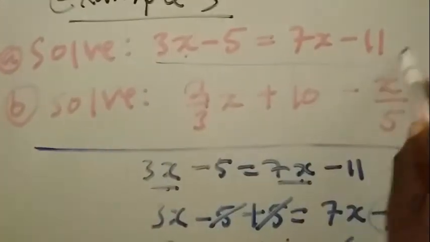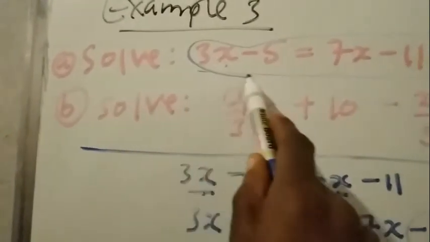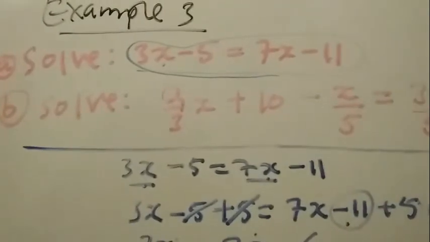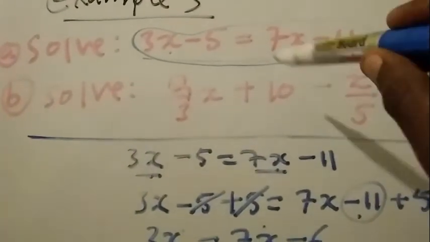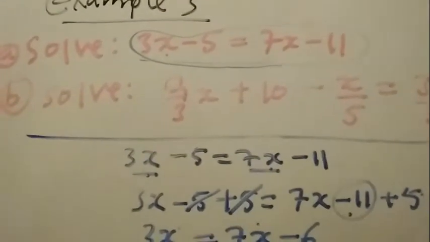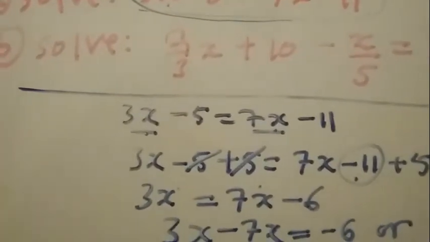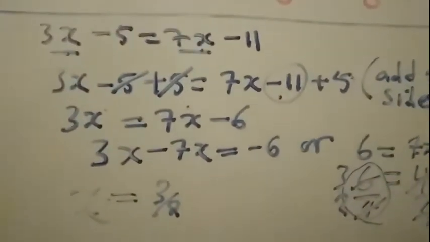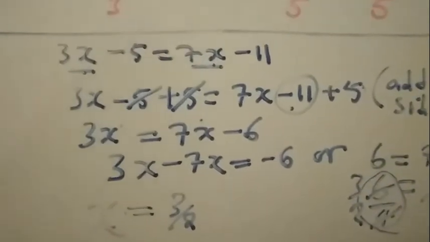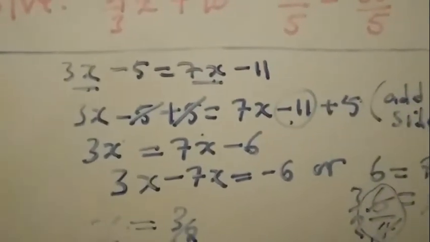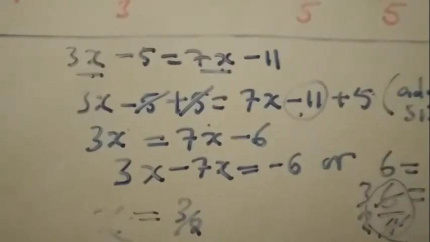Plug it back, okay, and see if you get the same number on both sides, the left side and right side. Okay, so this is how simple it is and how easy you can solve this equation in one variable.